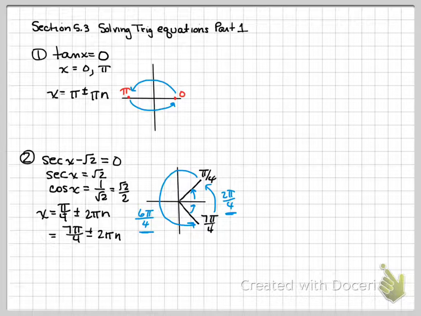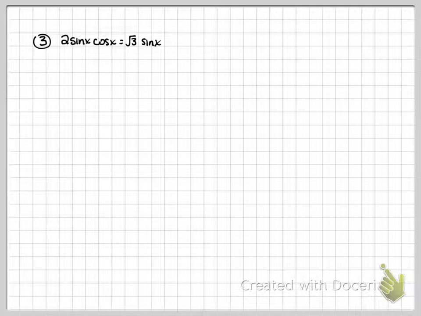Okay, let's move on to number 3. This equation is 2 sine x cosine x equals root 3 sine x. As with solving all equations, we want to get everything to one side, so I'm going to move the root 3 sine x to the other side. That gives me 2 sine x cosine x minus the square root of 3 sine x equals 0.